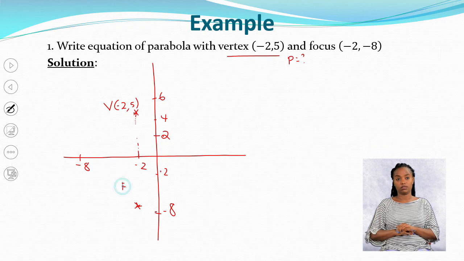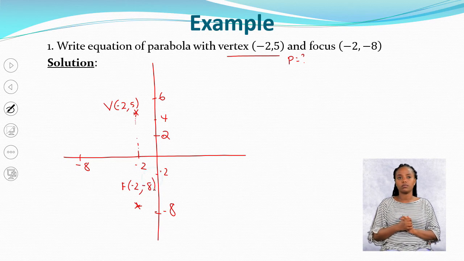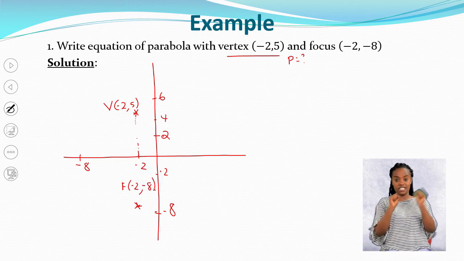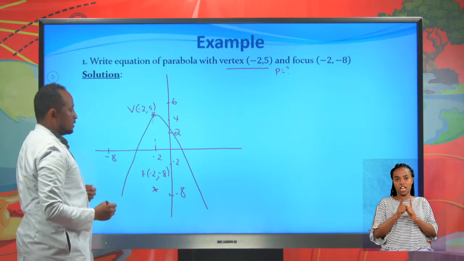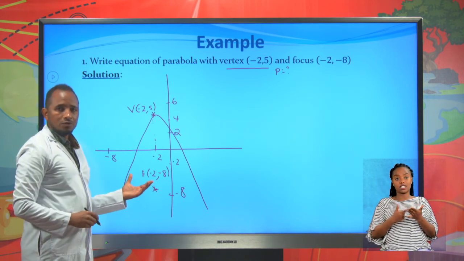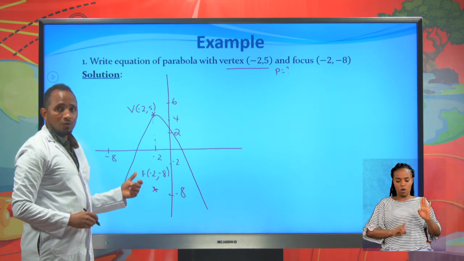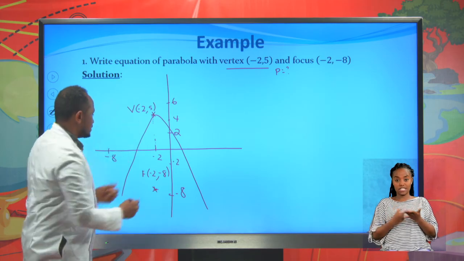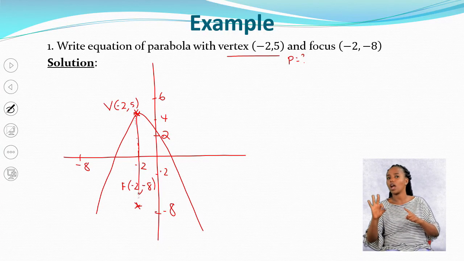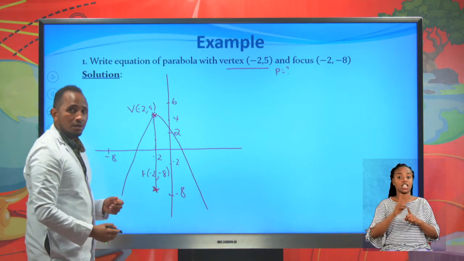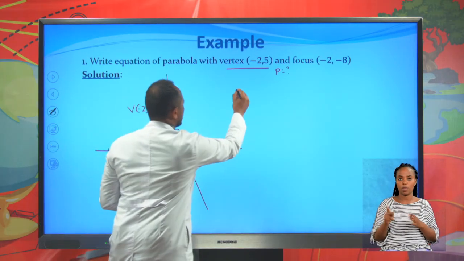So the shape of the parabola will have this form. The vertex is this one and the focus is this one. So the parabola has this form, so it opens down. From this I can find the distance from vertex to focus, this distance, it is p.